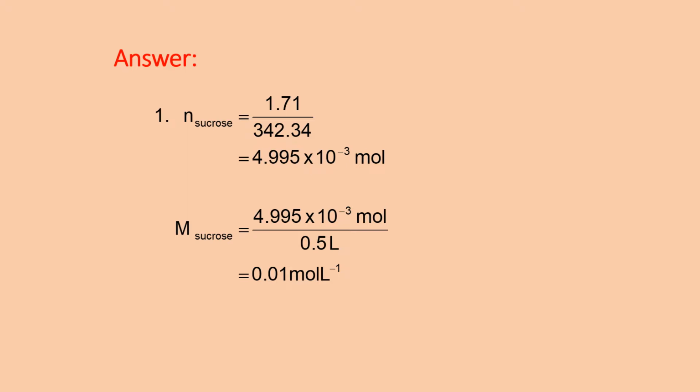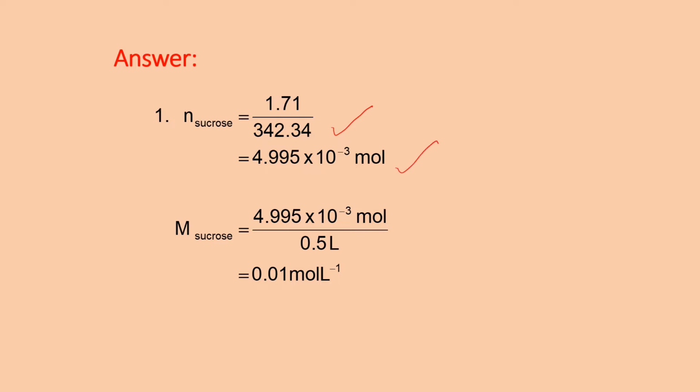Question 1. Number of moles of sucrose is equal to the mass of sucrose, which is 1.71 gram, divided by the molar mass of sucrose, which is 342.34, and the number of moles is equal to 4.995 times 10 to the power of negative 3 mole.